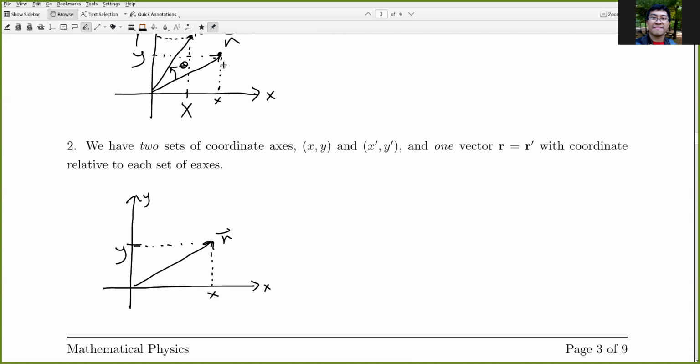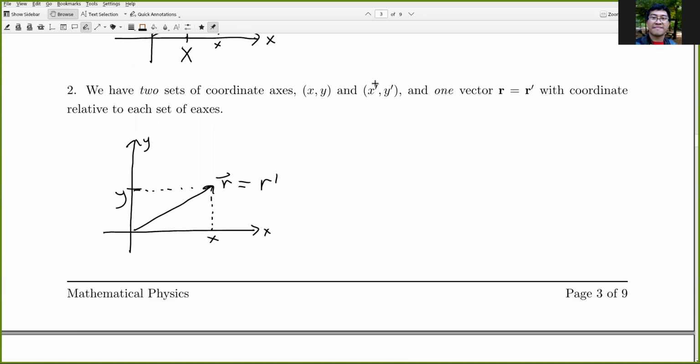For the first case, we explicitly do the mapping by rotating R. Here we keep R fixed, so we don't move the vector R, but to get the mapping, we instead rotate x and y.